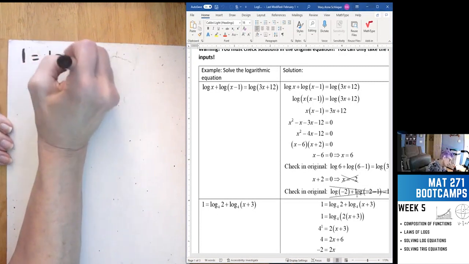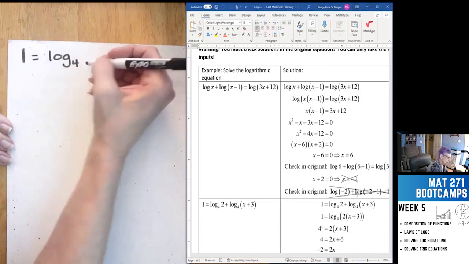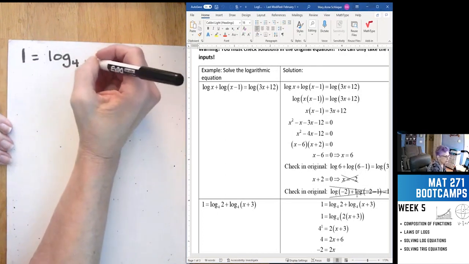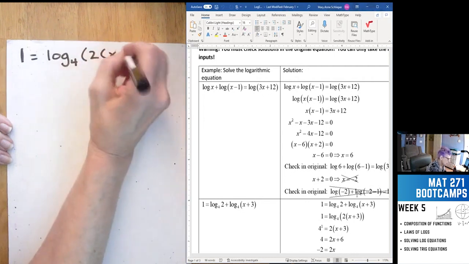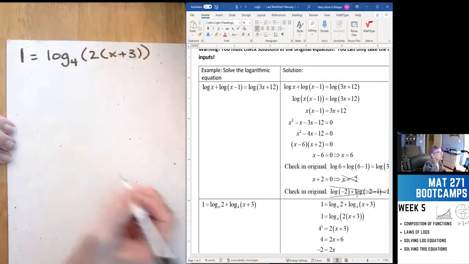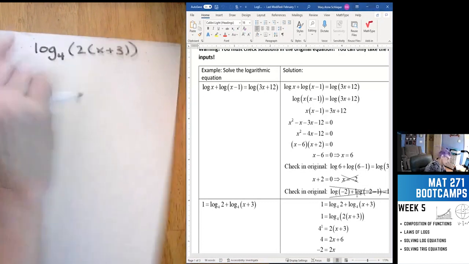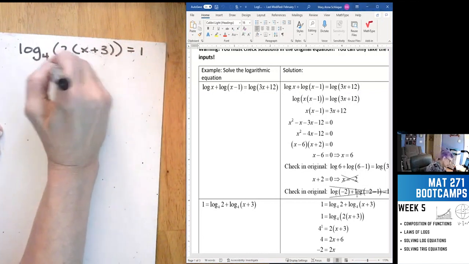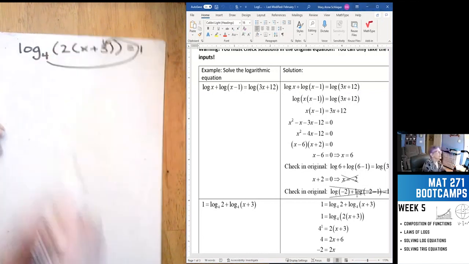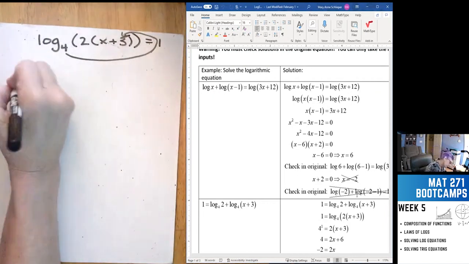But this is log base 4. I have 2 plus log base 4 of x plus 3, so it's going to be 2 times x plus 3. And I'm going to move this over here just because that way I can draw my little arrow, and I like drawing my little arrow.